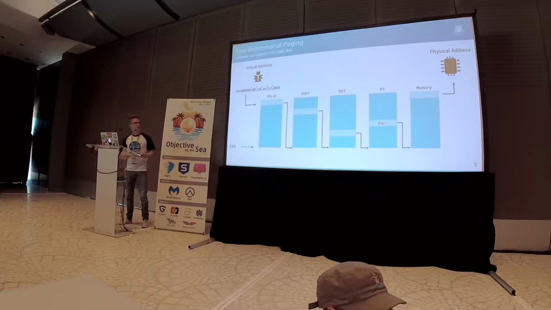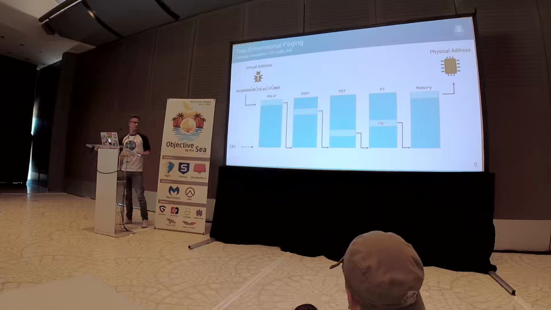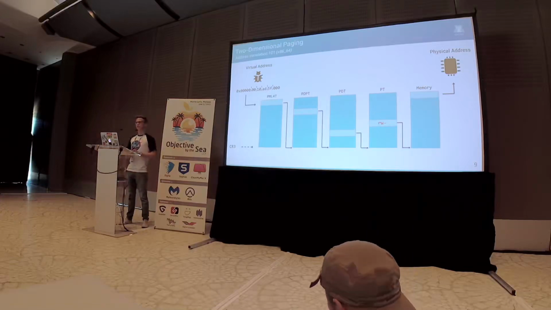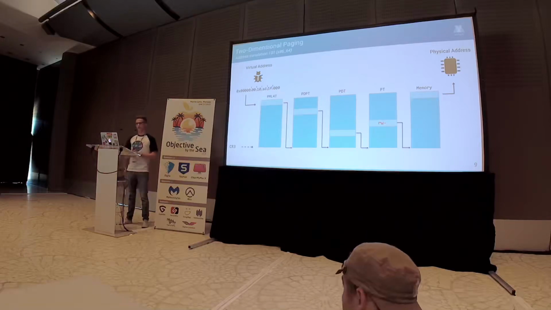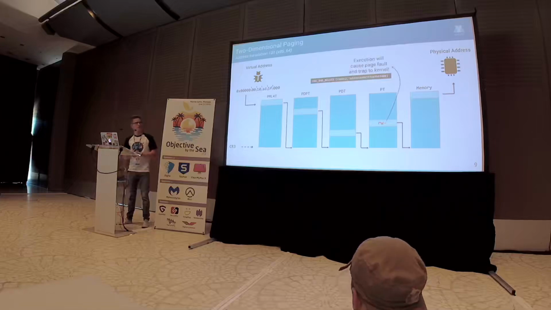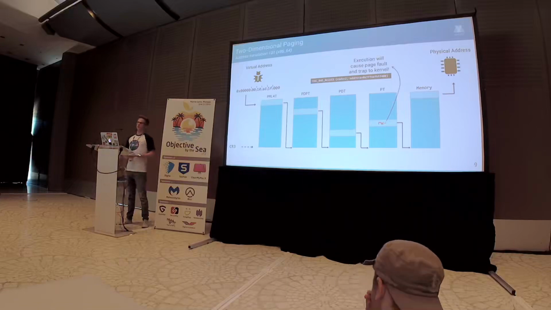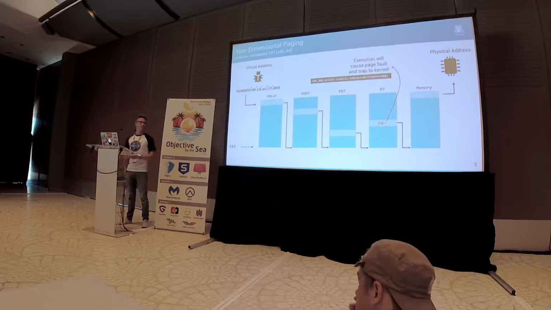Now, if we change this, for example, to be just readable and writable, which is the default for example for the data section of a program or a heap, now if the program tries to execute memory in such a region, the MMU will recognize that this is an access violation, and this will result in a page fault. Control will be transferred to the kernel, and the kernel will most likely kill your program. This is what you usually get when your program crashes with a segmentation fault. This is what happened.